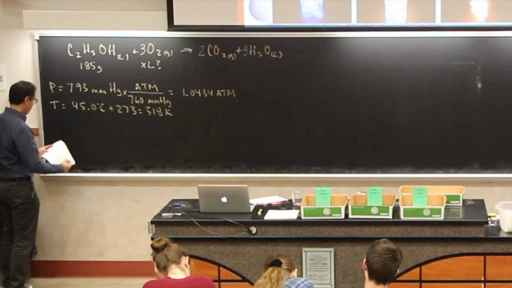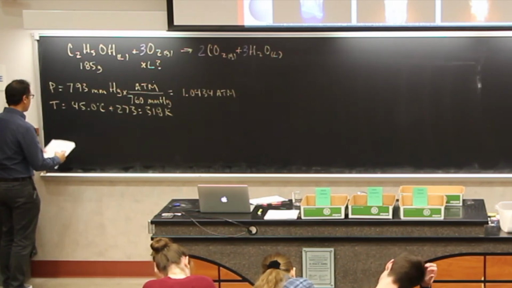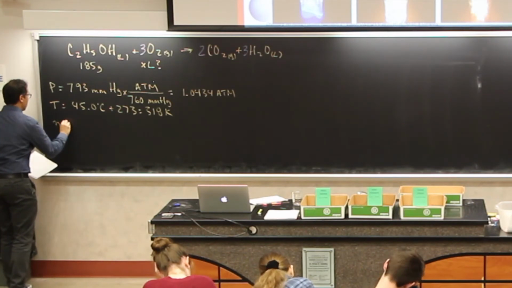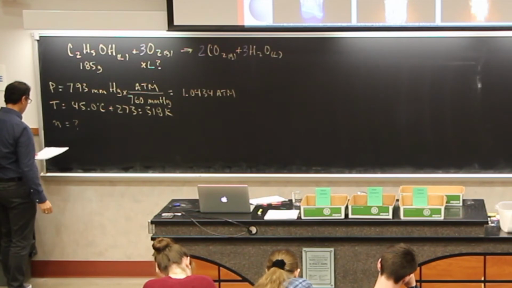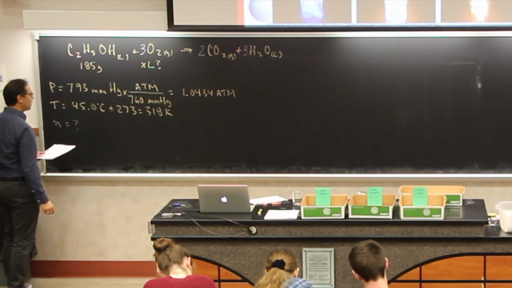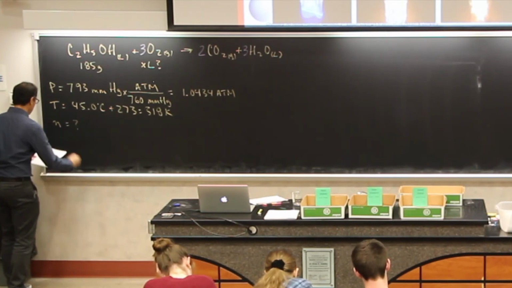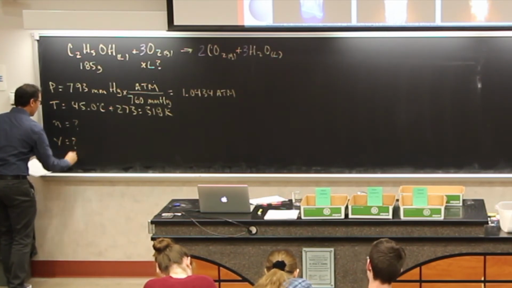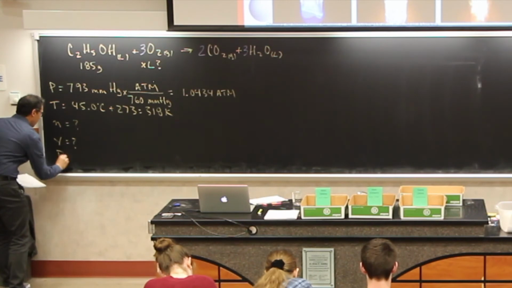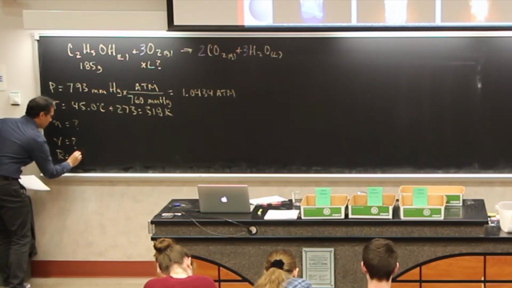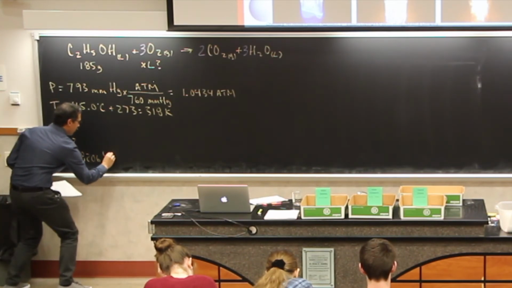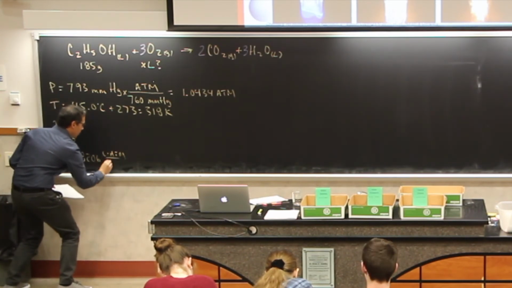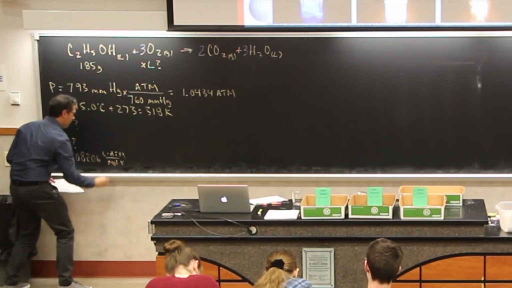And then, let's see here. My N, I don't know, but I think we're going to figure that out. And then our volume is going to be something. We don't know what that is. And then R, that is 0.08206 liter atmospheres per mole Kelvin.